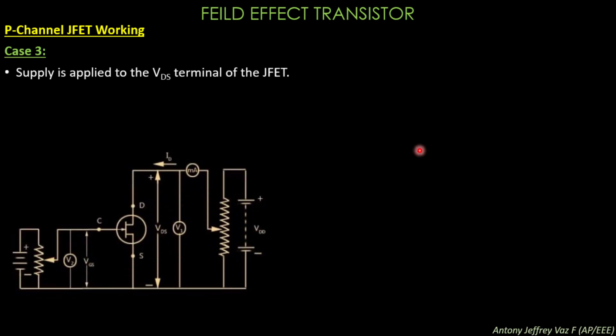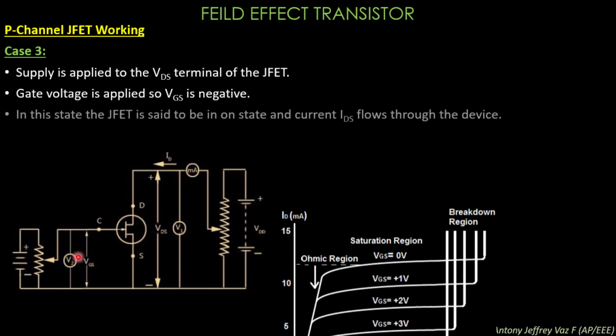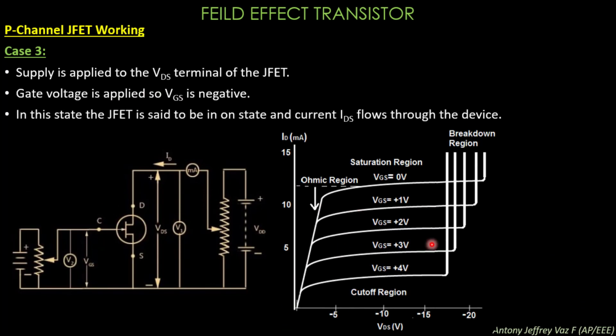In the third case, you may see the applied voltage across the drain and source terminal is present across the JFET, and the gate voltage VGS is negative, and so the characteristics of the device are represented here. The drain source voltage is negative, so you are going in the negative region, and the drain current is given.